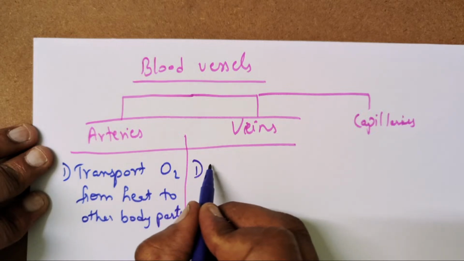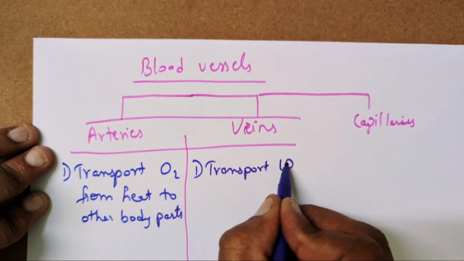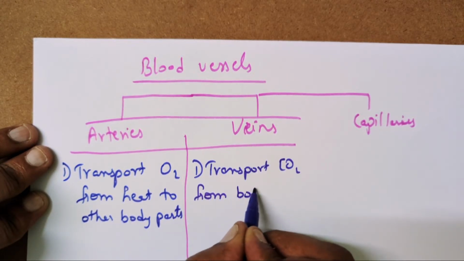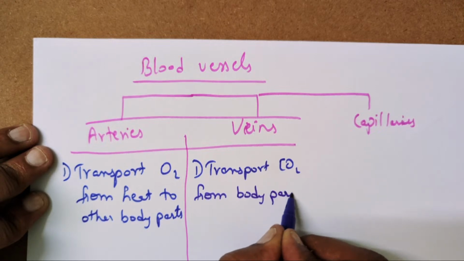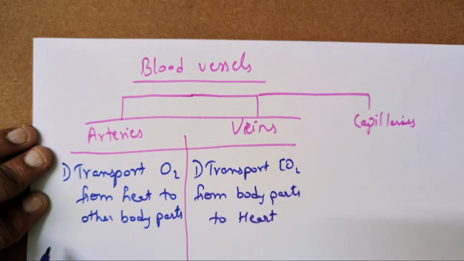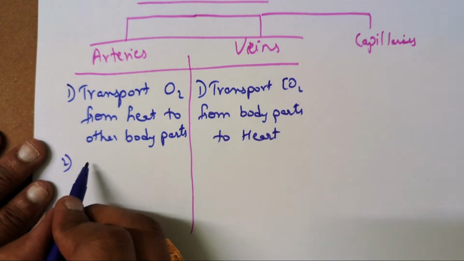Whereas veins transport carbon dioxide from body parts to the heart. As arteries transport from the heart to other body parts, here the blood pressure is high.